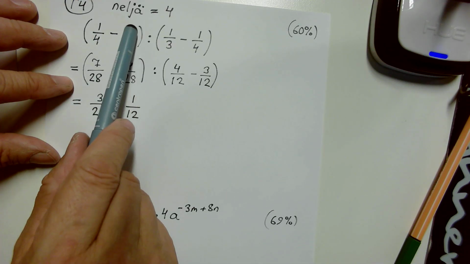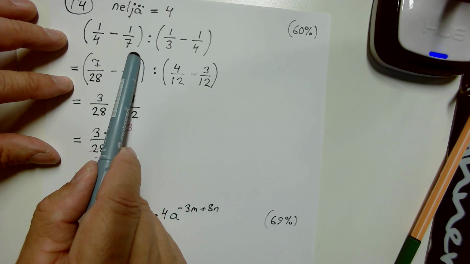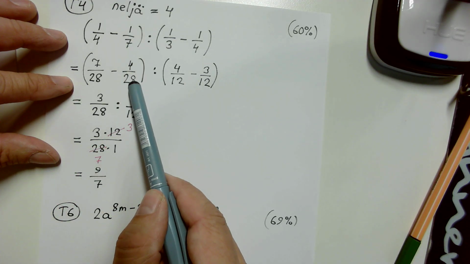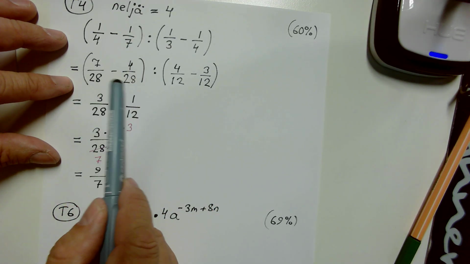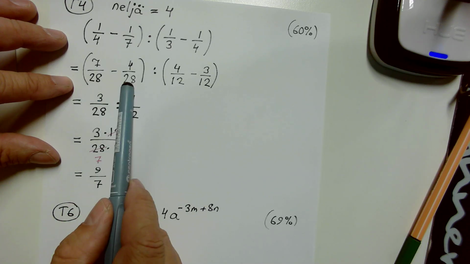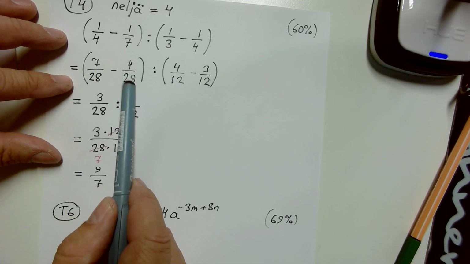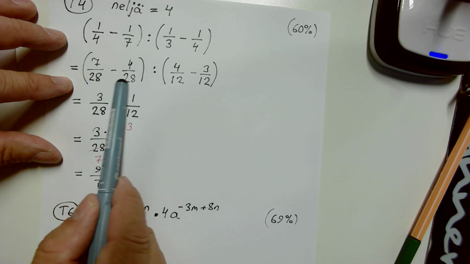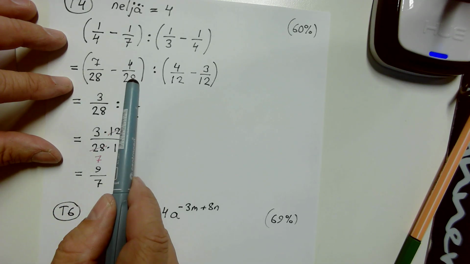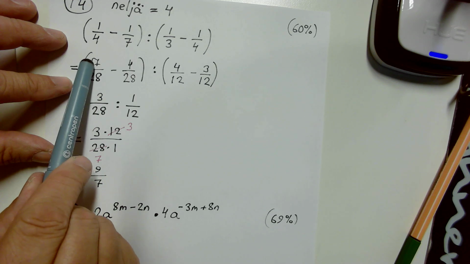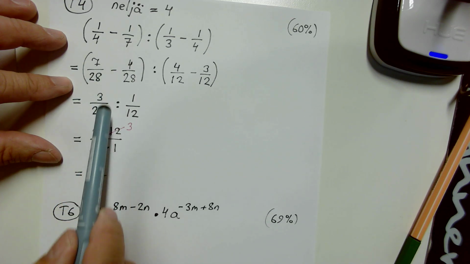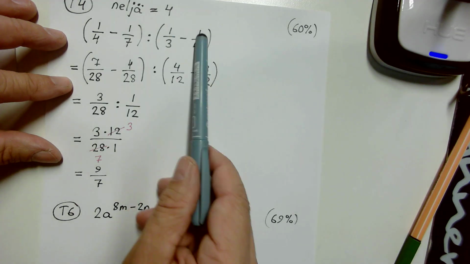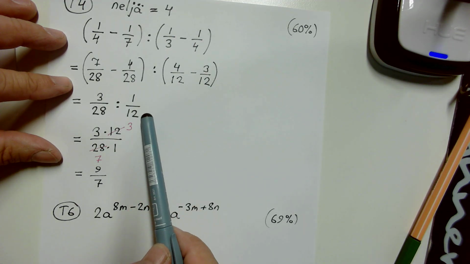And here we multiplied with 4, so we got 4 divided by 28. After that we had the same number in the bottom part, and then we may subtract 7 minus 4, 3 in the top side, and the same holds on the right hand side.